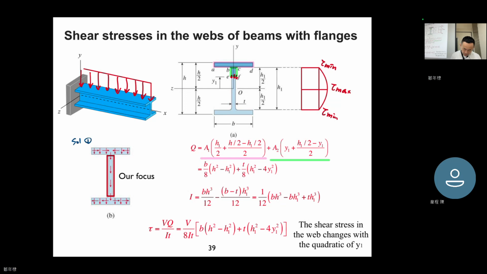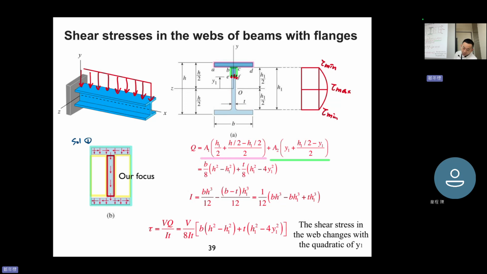Solution one is, we can determine that these two yellow regions are empty, and this whole region is a bigger one.